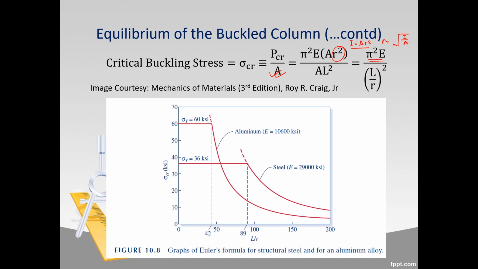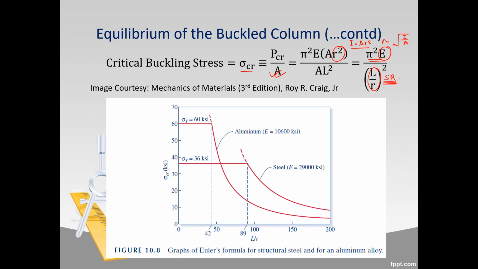If you remember, this L by R is the slenderness ratio of your column. Now again we see that the buckling stress is directly proportional to the modulus of elasticity, but inversely proportional to the square of the slenderness ratio.